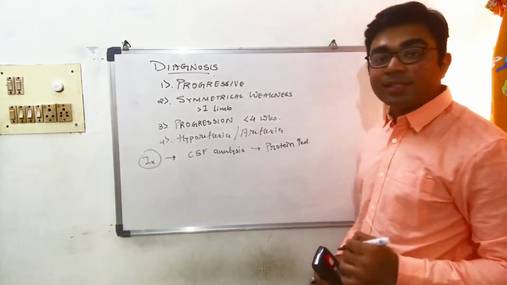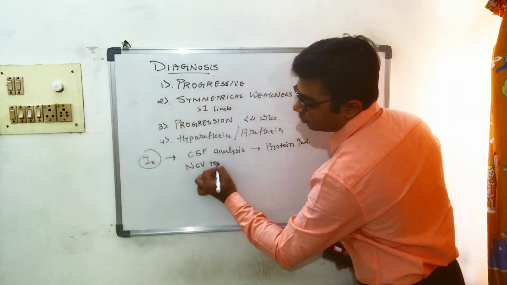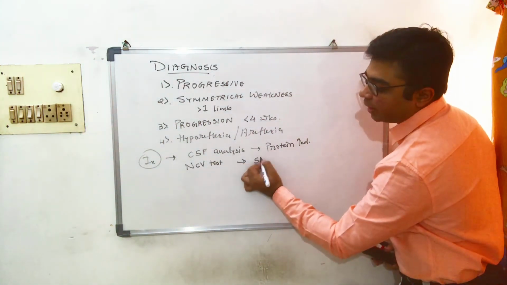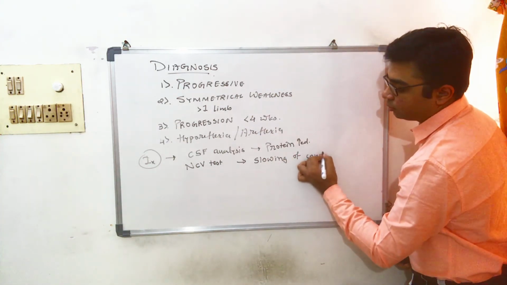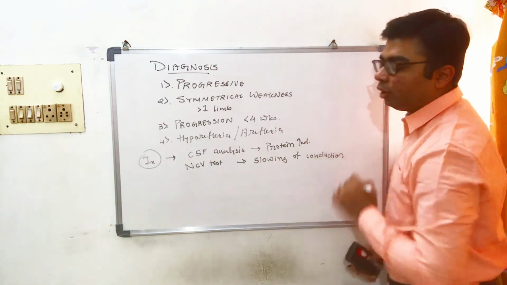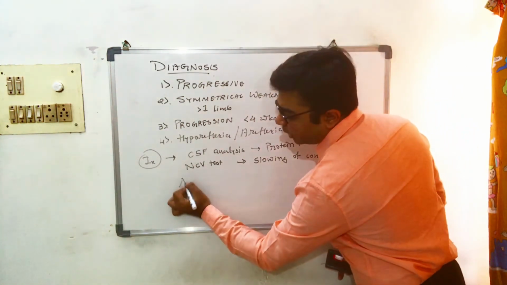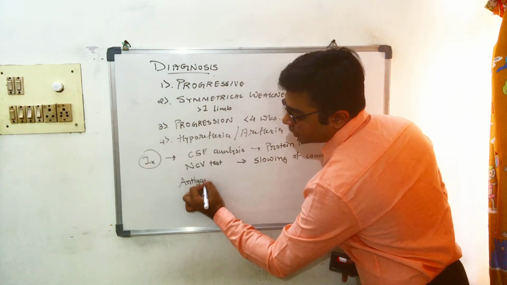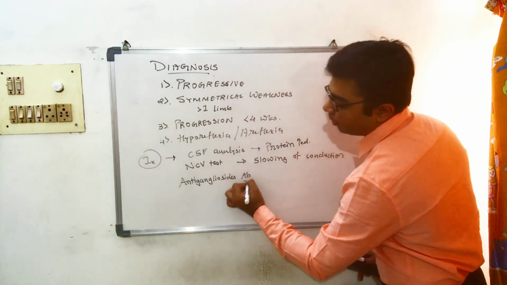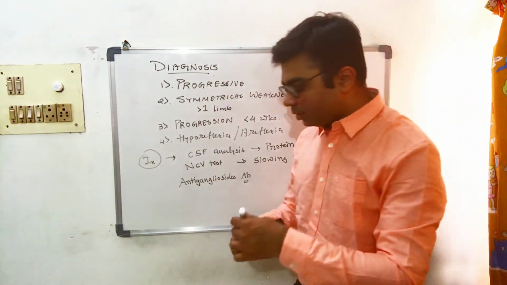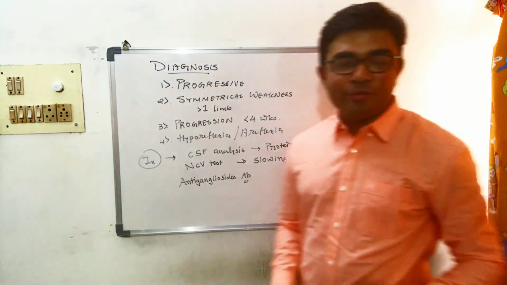Next is the nerve conduction velocity test, in which we see slowing of conduction. And the last one is that in many patients there is an increased amount of antiganglioside antibodies. In some of the patients it is seen. So these are the three supportive things which help in the diagnosis of the GBS.